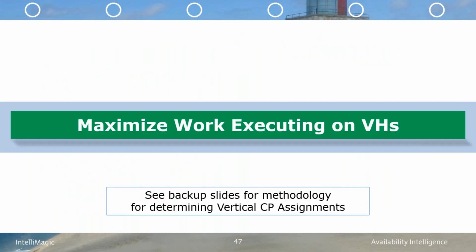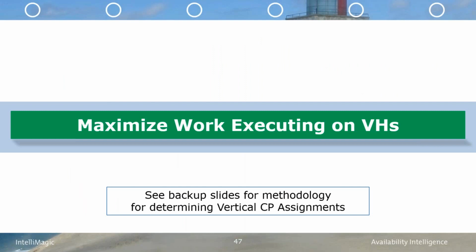All right, so returning now to a key concept from earlier in the webinar, maximizing the amount of work executing on vertical high CPs enhances processor cache efficiency, since it eliminates contention for processor cache from other LPARs, and since vertical highs are more likely to be co-located in the LPAR topology.